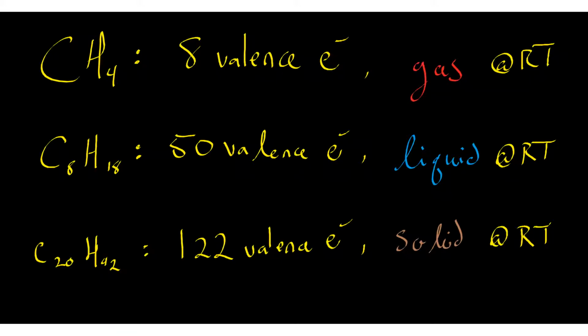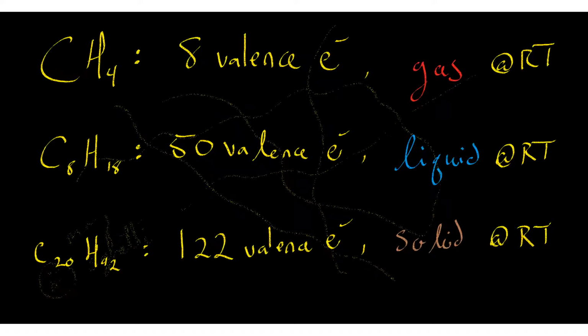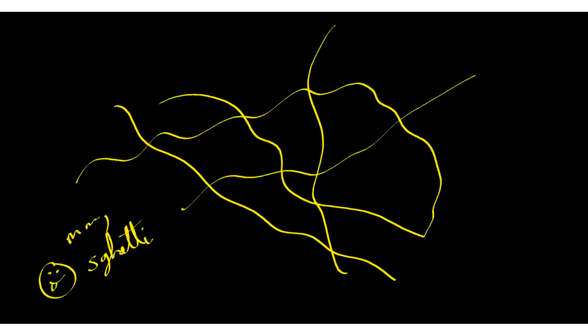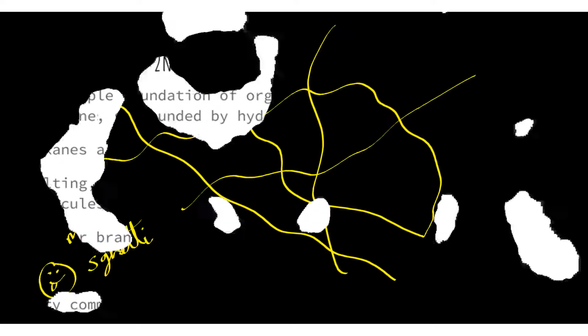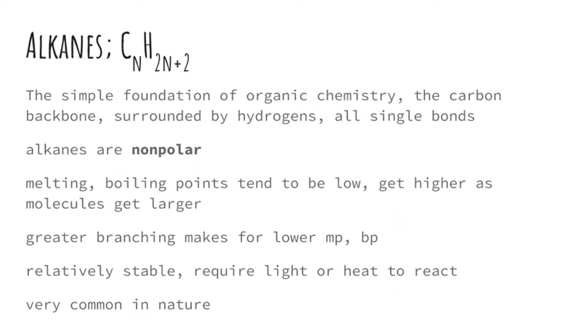As they get larger, the London dispersion forces, the intermolecular forces, get larger and larger as well, just because they have more electrons floating around. You also get what's known as the spaghetti effect. The chains can get tangled in one another, which is not something that will happen with a CO2 molecule or a water molecule. They're just too small.